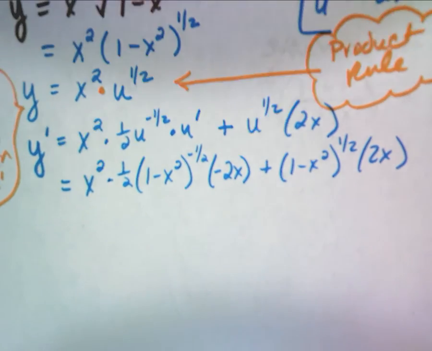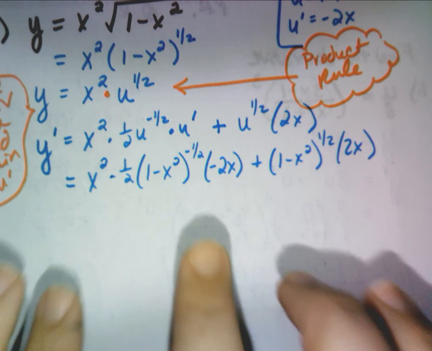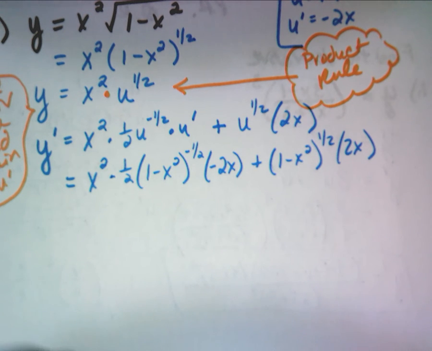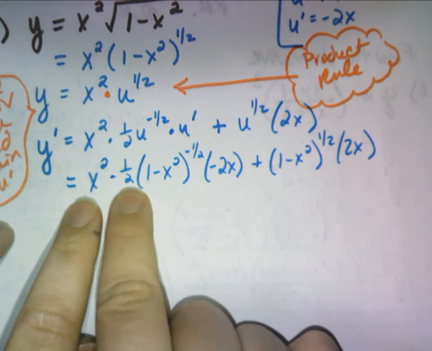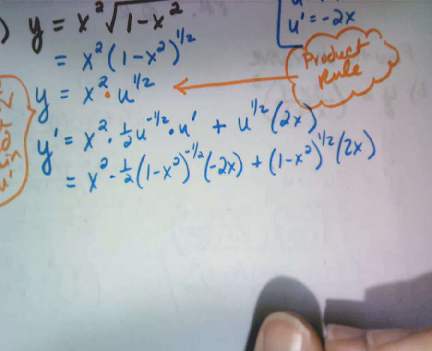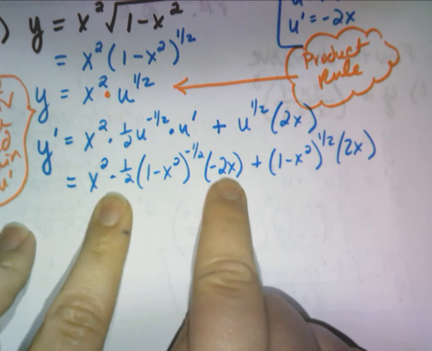But wait, there's still more. We've got to clean this up using our algebra skills. Can I combine this 1/2 with this x squared? You sure can. You can combine monomials with monomials. Could I combine it with this negative 2x? Yeah, it's not going to any power.